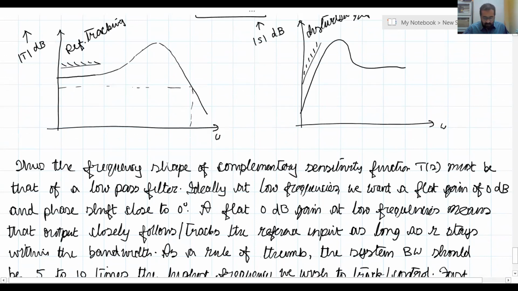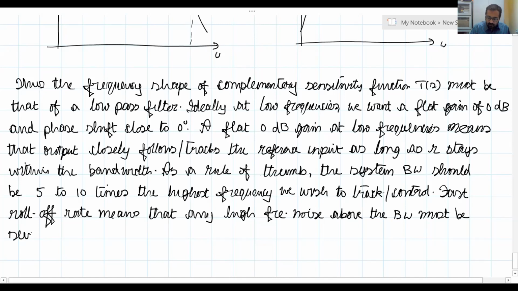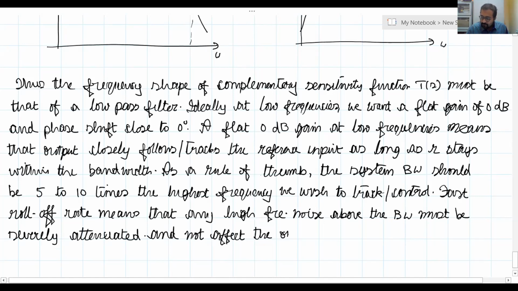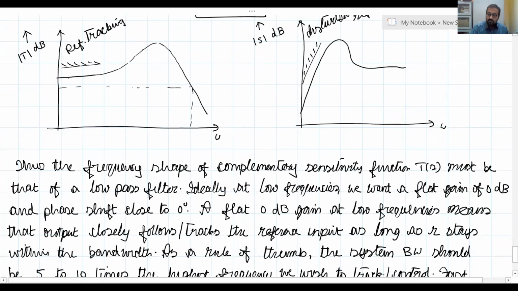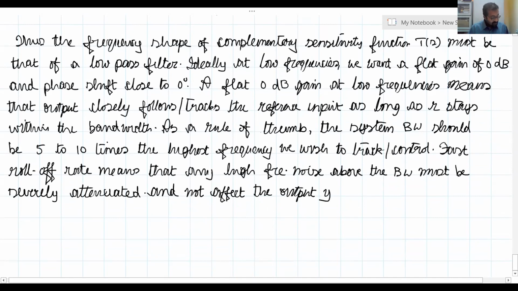Any high frequency noise above the bandwidth must be severely attenuated and not affect the output Y. So at high frequencies, the noise signal, which I told you means unwanted high frequency signal, should get attenuated without affecting the output Y. That is for good noise rejection.